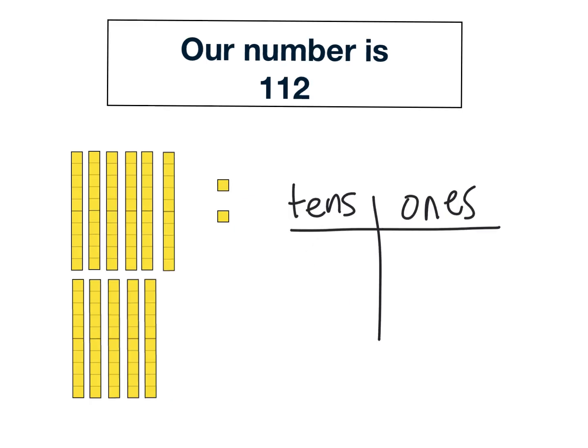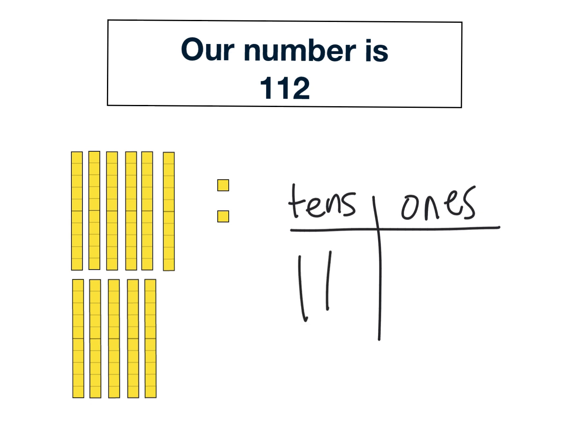Let's look at the number 112. First, we start off by counting our rods or our units of 10 again. 1, 2, 3, 4, 5, 6, 7, 8, 9, 10, 11.